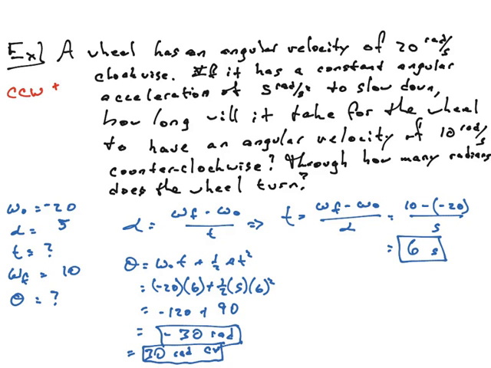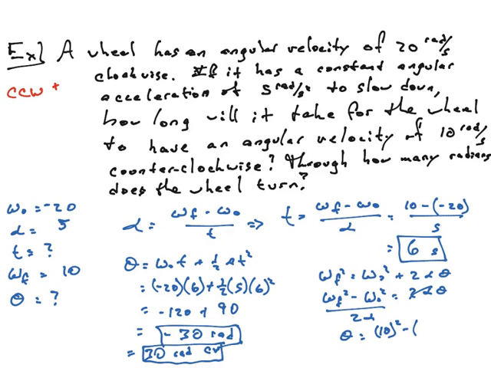But let's say I did not want to use this equation because I was unsure of my t. What's the other equation? Omega f squared is omega naught squared plus 2 alpha theta. I want to solve this for theta, so I get omega f squared minus omega naught squared equals 2 alpha theta. Divide by 2 alpha, and that will give me theta. So theta is omega f squared, which is 10 squared, minus omega naught squared, which is negative 20 squared, over 2 times alpha, which is 10.